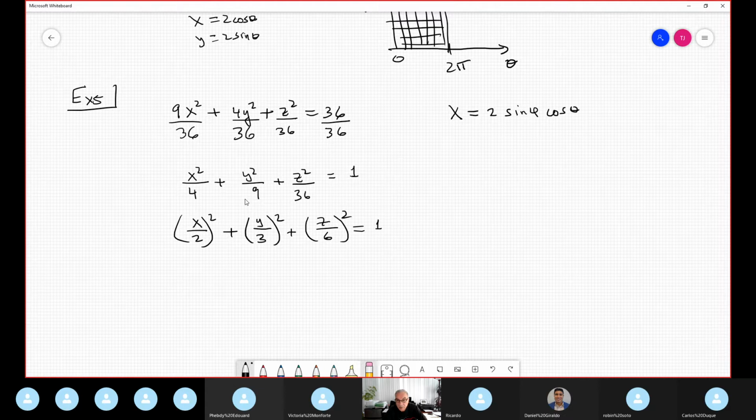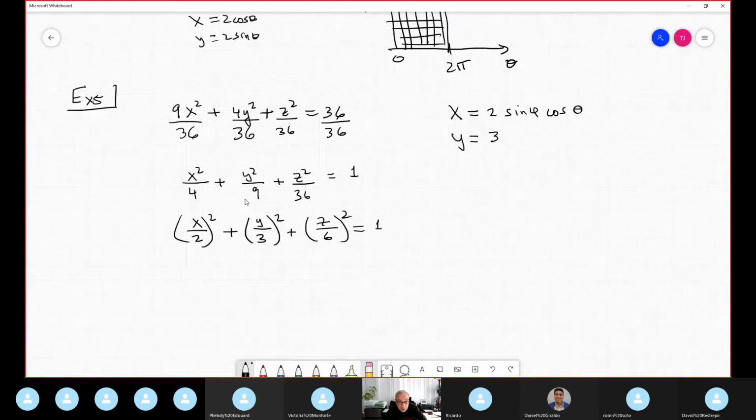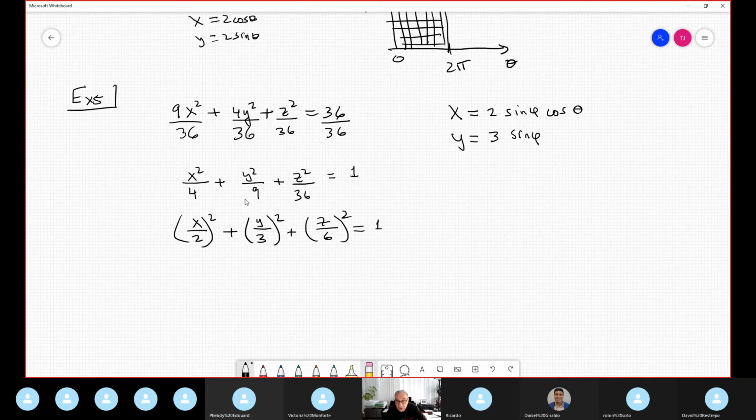In my opinion the better parameterization is spherical, with phi and theta. So basically, the two parameters we use in spherical are angles, not u and v, two angles, phi and theta. y is 3, because it's different from the sphere, 3 is the number here. Again, sine phi sine theta. And z is 6, this number, times cosine phi.